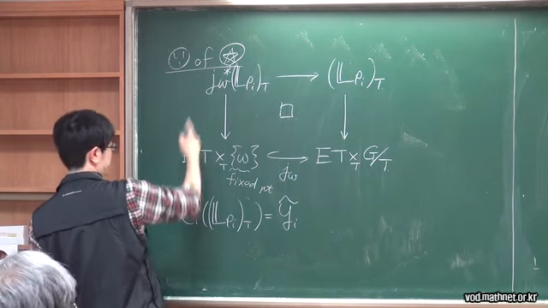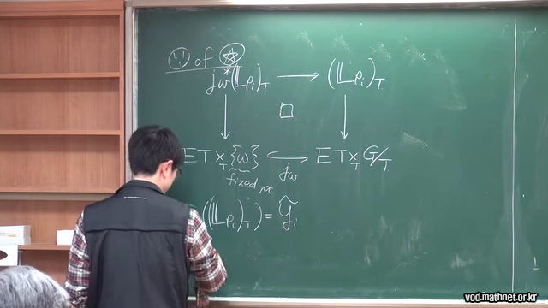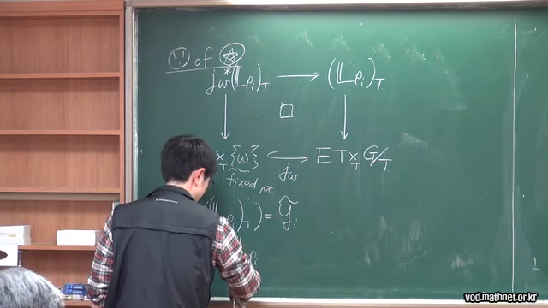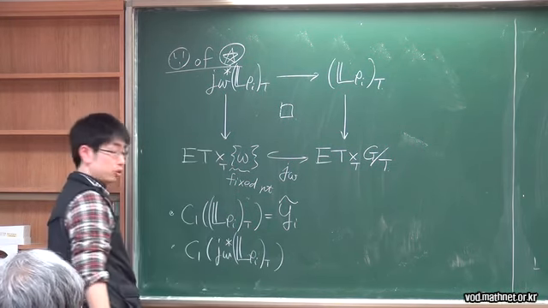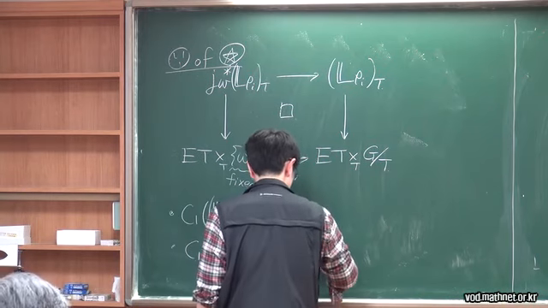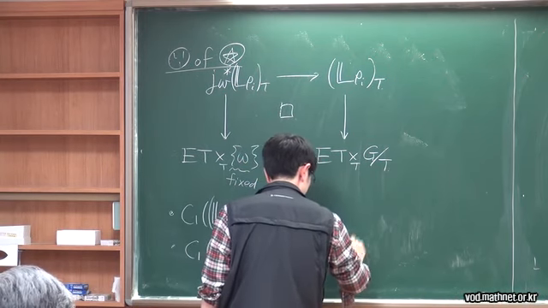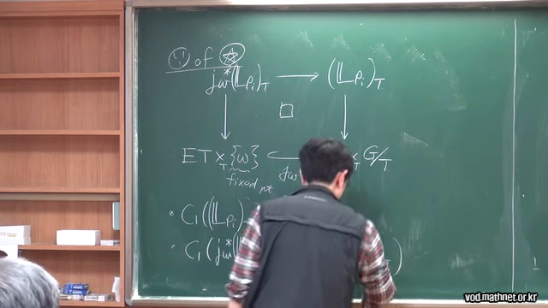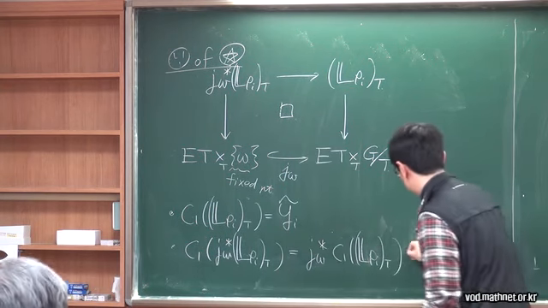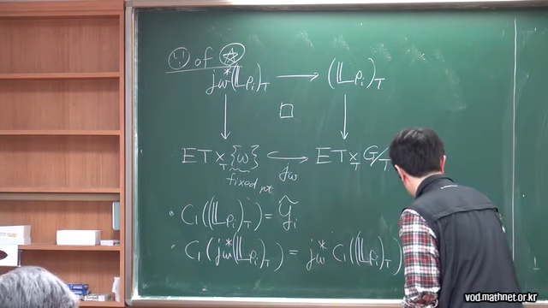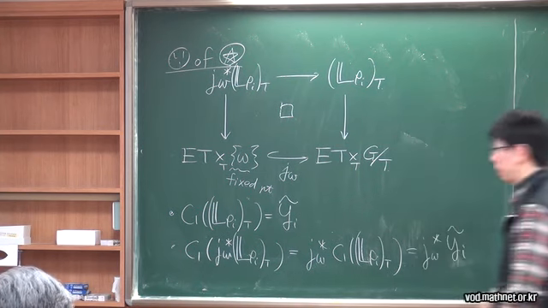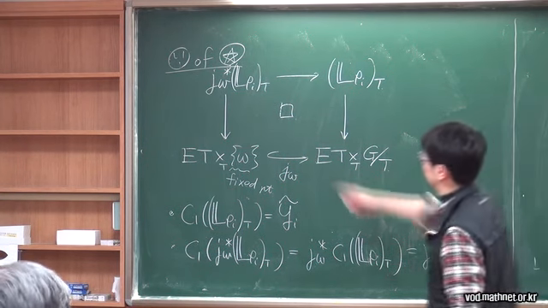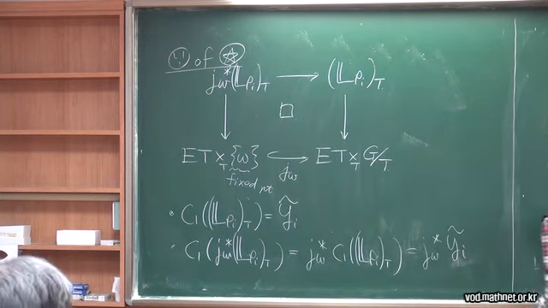And now JW star L rho I T becomes something like this. Because of the naturality of the Chern class, this is nothing but L rho I T. And this part is in Yi tilde. So this must be a JW star Yi tilde. Okay? And let's study this part more precisely.